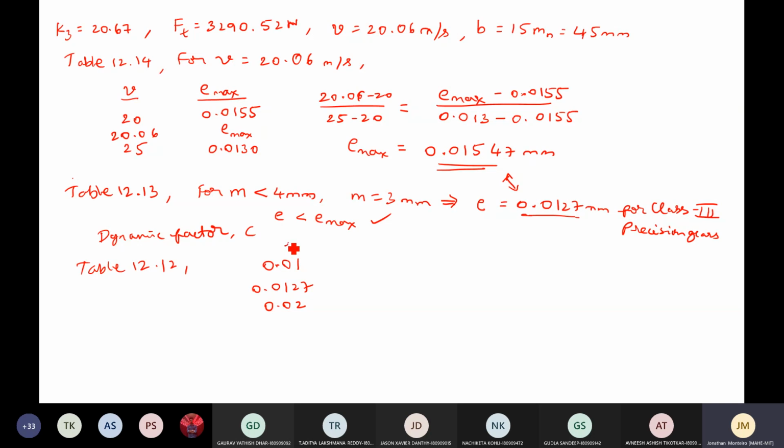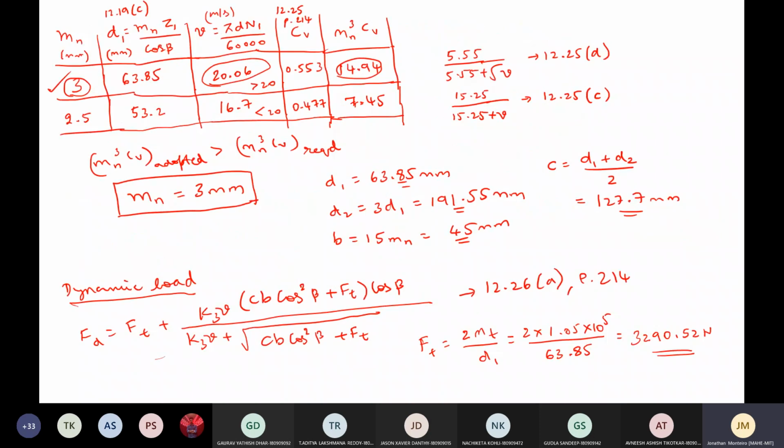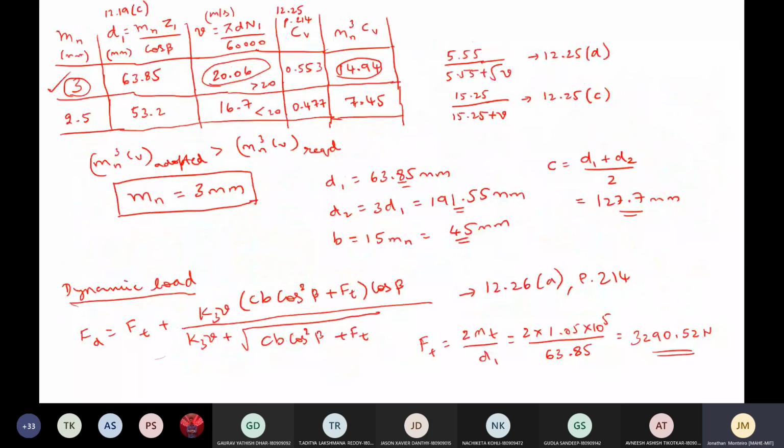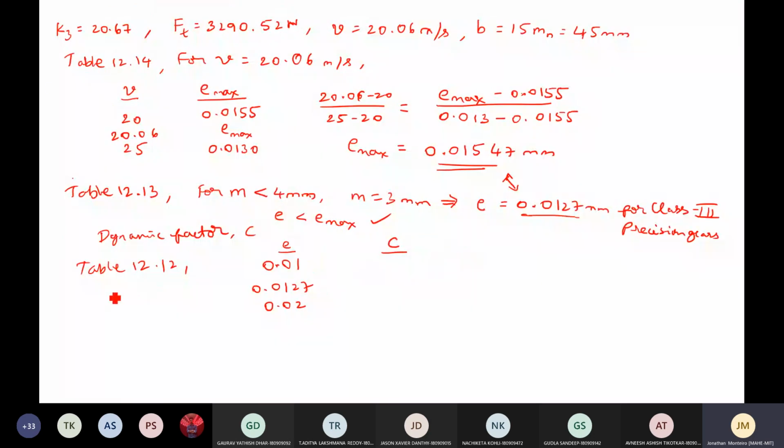So here error indicates E and the factor C. Which table to use now? If you go to the material, both are steel, right? C30 steel and gear is C45 steel. So both are steel. So which combination? Steel and steel.